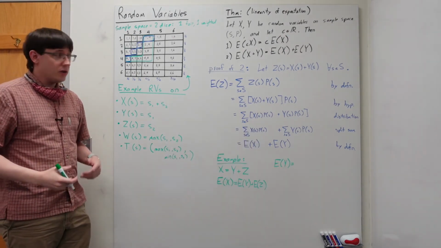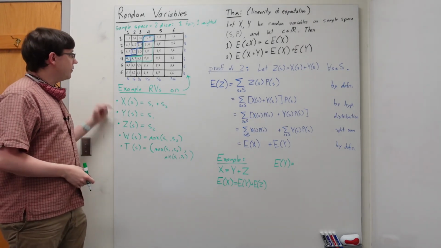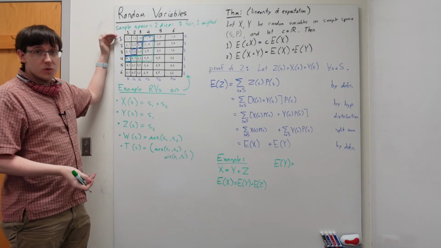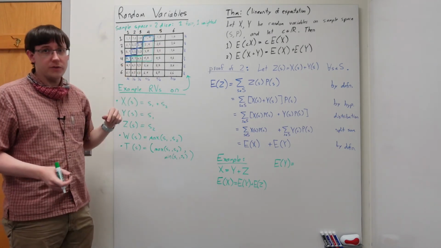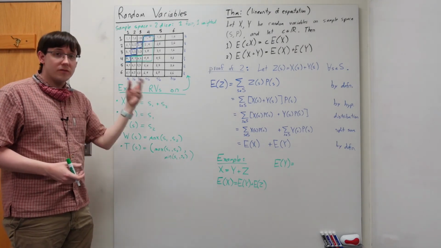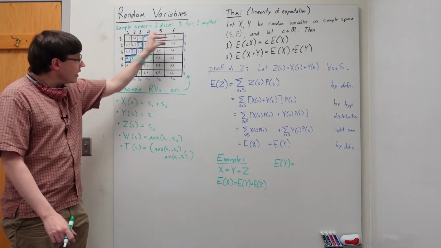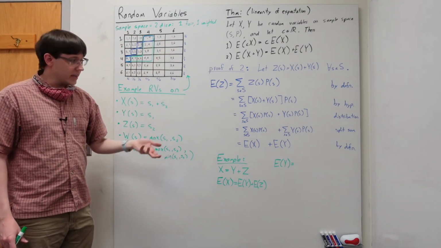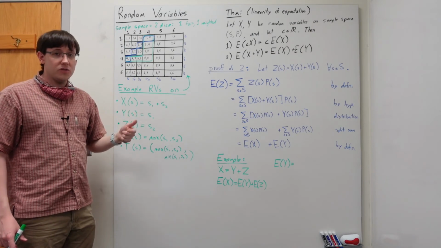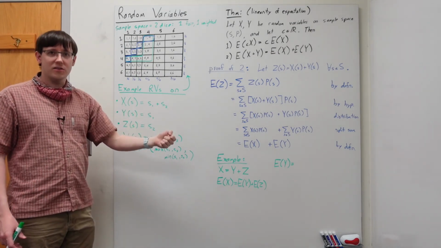The expectation of y is the sum over all of the different values y could take on, which correspond to the rows, of the value times the probability. But y, being the fair die, lands on each row with probability 1/6. So this sum is just 1/6 plus 2/6 plus 3/6, and so on.